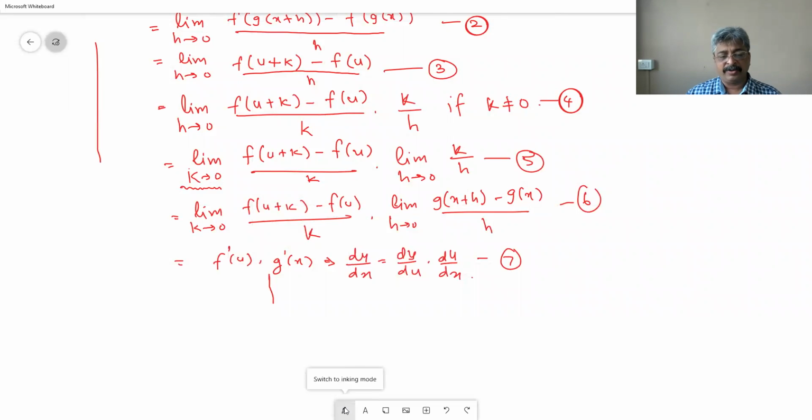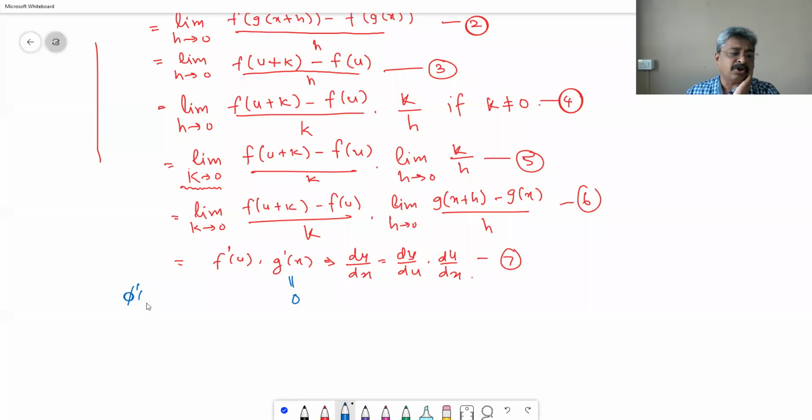Anyway, you have a g function which is a constant function, or maybe you use the final result like our punctured line: you have removed k equal to 0 from consideration and proved it for k not equal to 0, and then whatever result you get eventually, you cross-check when k is equal to 0, and you will find that if k is equal to 0, g dash of x is equal to 0, making phi dash of x equal to 0, which is again going to be true.